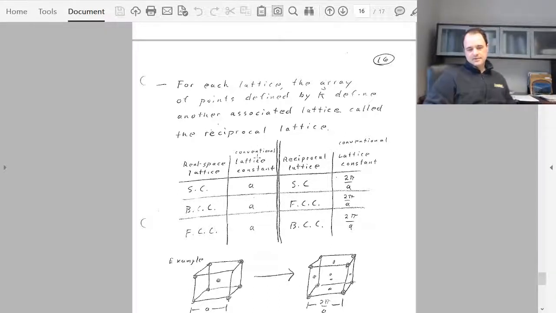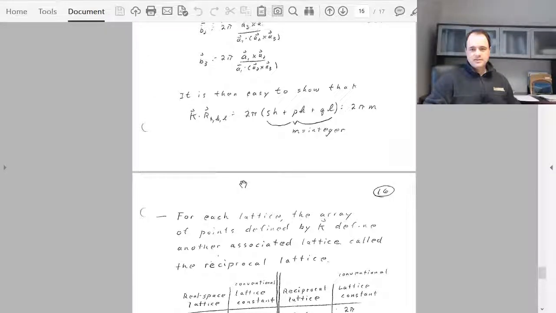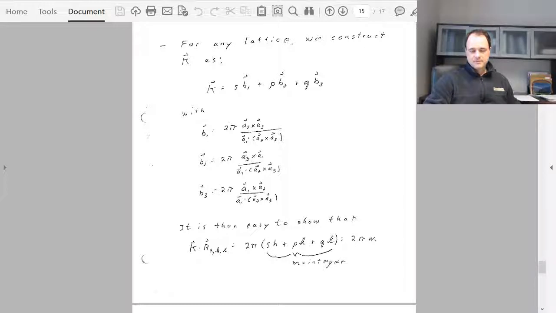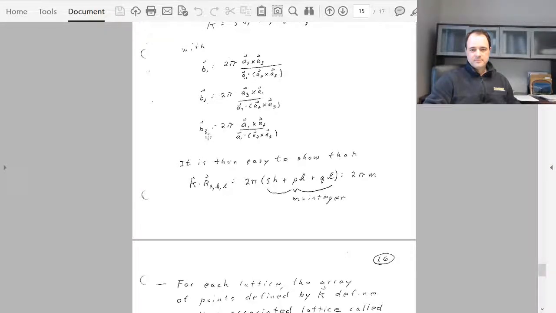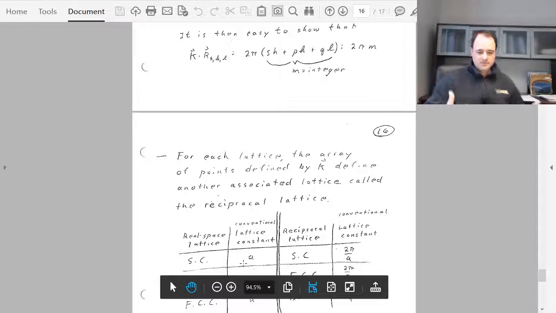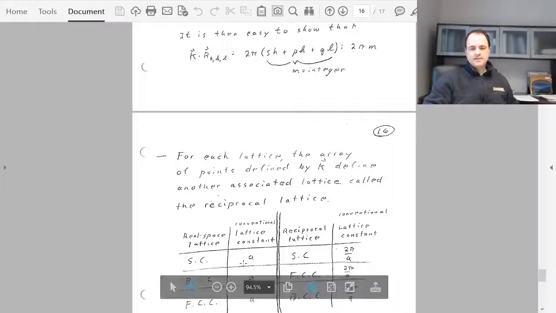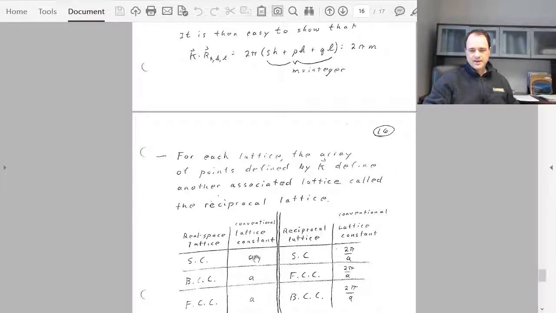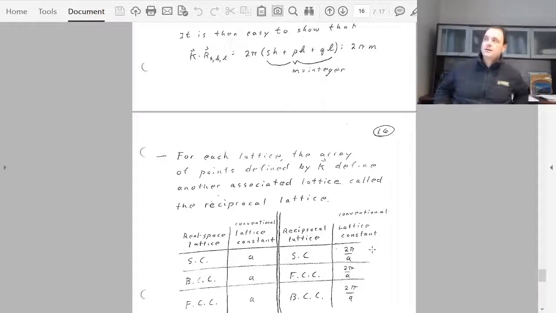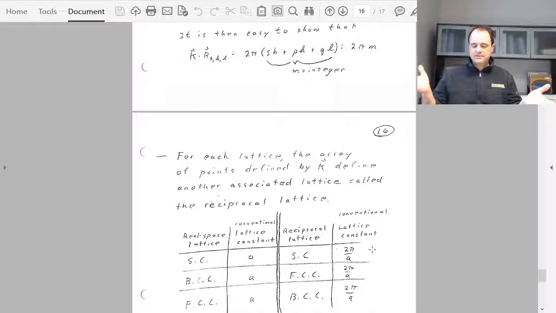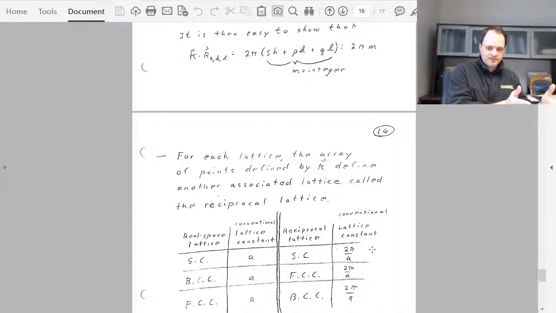And I'll have you verify this, but if you take the A's for a simple cubic, the A1, A2, A3, and put them in these equations, you will find that that simple cubic lattice in real space, meaning real physical space, the simple cubic lattice with the lattice constant A, is associated with another lattice that's also a simple cubic, but with the lattice constant of 2 pi over A. So in our work in later sections, we'll be asked to say what's the reciprocal space lattice for a simple cubic real space lattice.